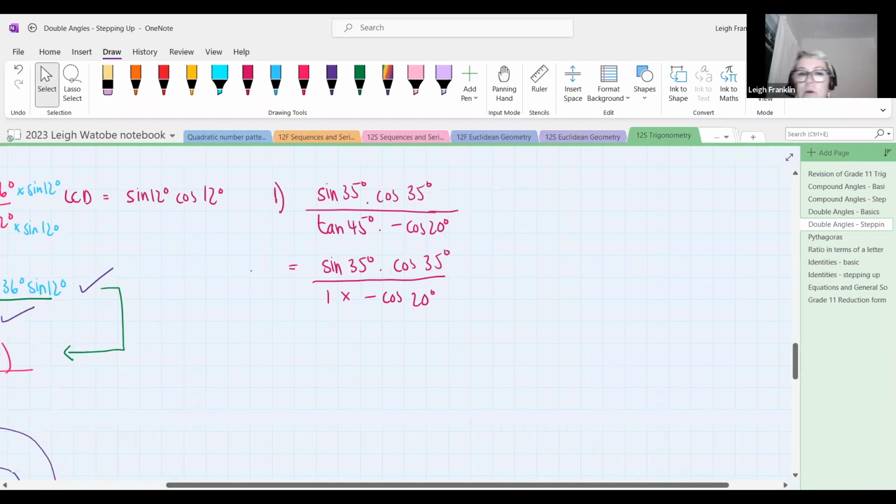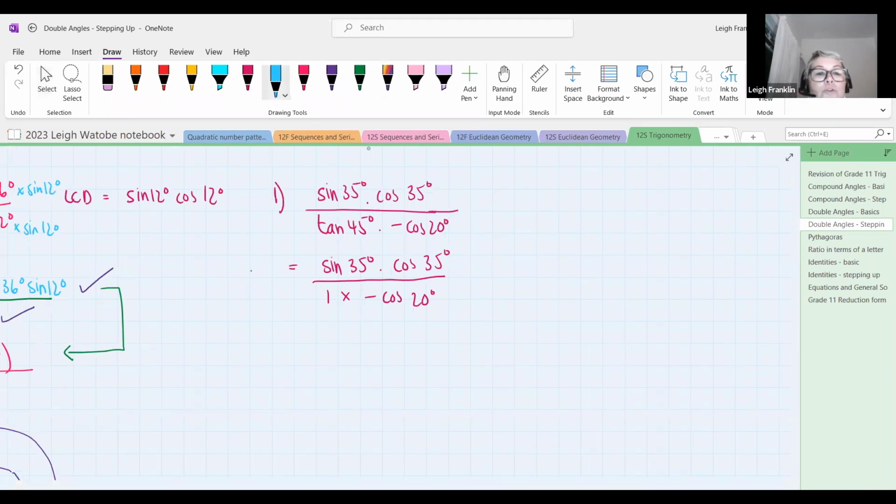Okay, so in other words, what you did here is you put a 2 here, you times it by a half. There's nothing wrong with that. And then that gave you half sine 35 plus 35, which would have given you sine 70, right? Yes. Okay, all right, that's fine.